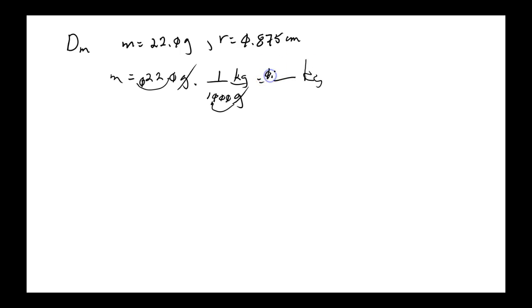So this is 0.0220. And actually, you do need that extra 0 there because you need 3 significant digits. The 0s in front of the number, those aren't significant. The one at the end is significant. So there's your mass in kilograms.